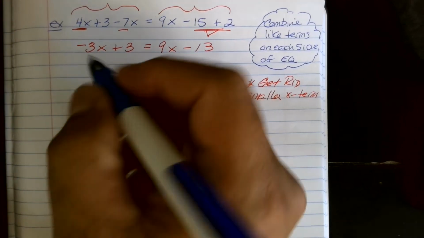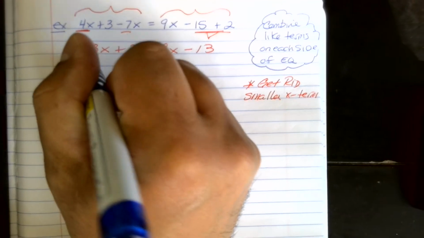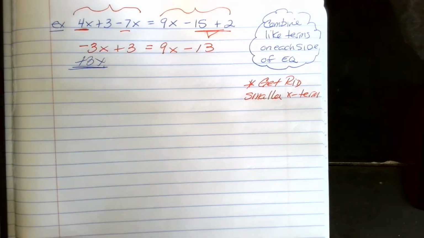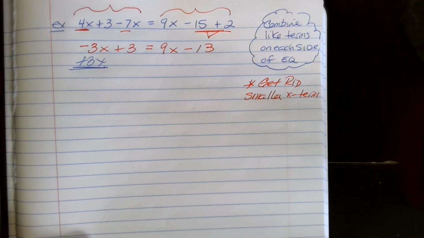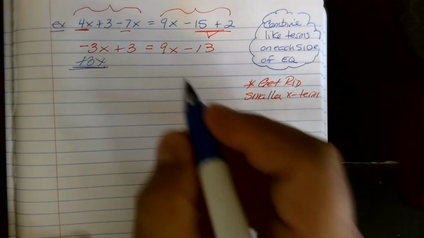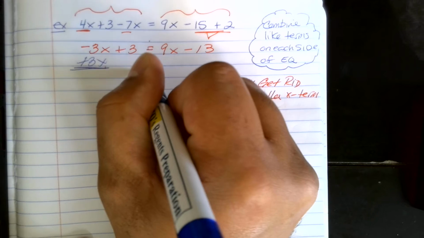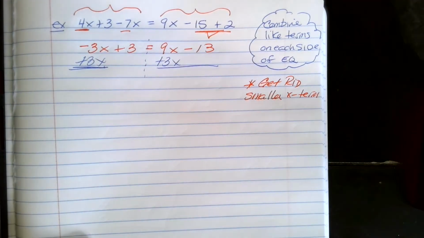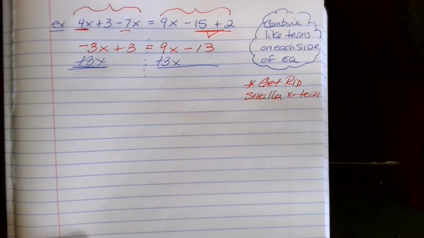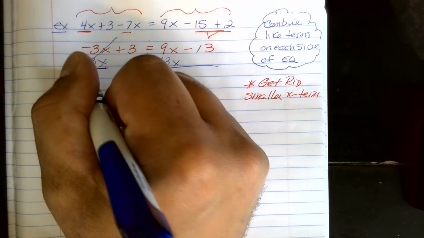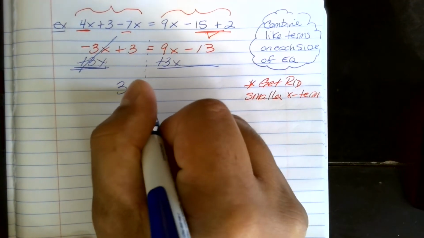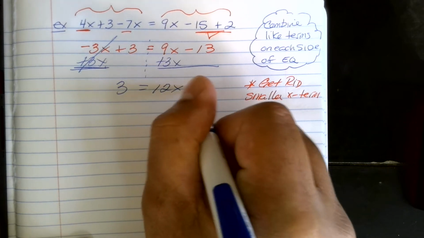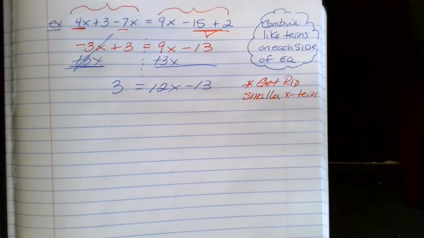I would say let's get rid of this negative 3x by adding 3x. And that'll cancel out. 3 minus 3 is 0. Whatever I do to one side of the equation, I have to do to the other, so I'm going to add 3x over here under its like term. Those will be gone. I will have 3 is equal to 12x minus 13.